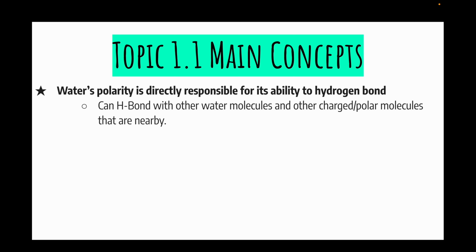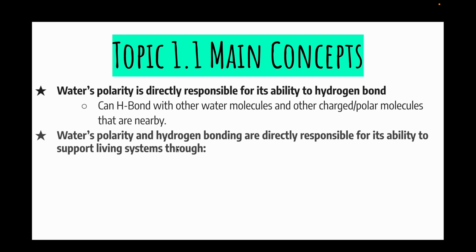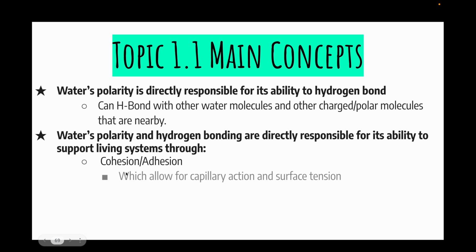That should have been cohesion. And the opposite can be said: water being able to hydrogen bond with charged or polar molecules is called adhesion, all right? Water's polarity and hydrogen bonding are directly responsible for its ability to support living systems, through cohesion and adhesion, which together allow for capillary action and surface tension.